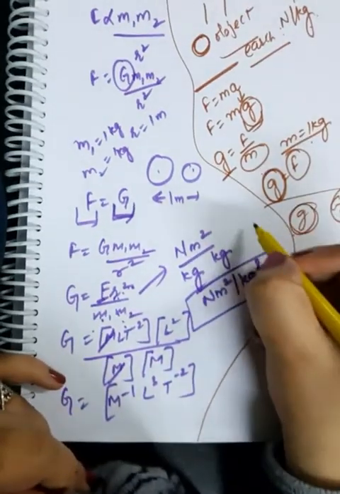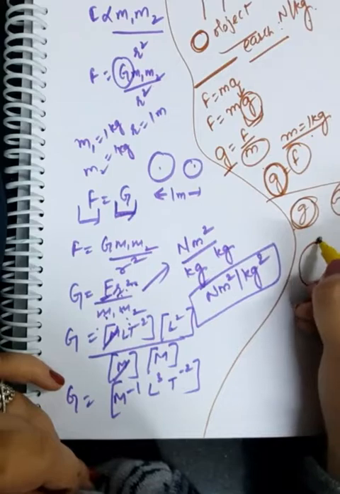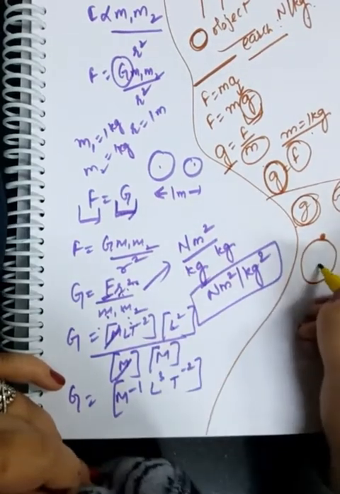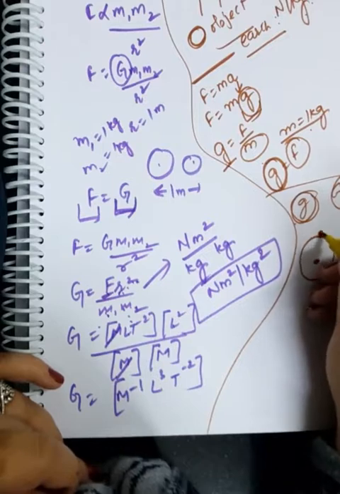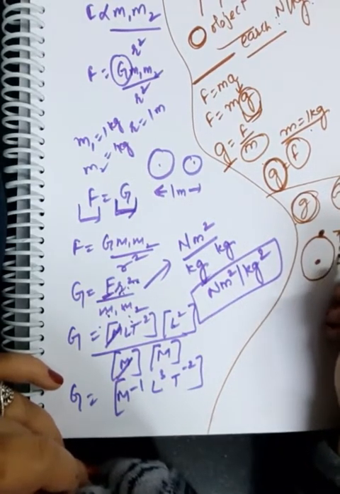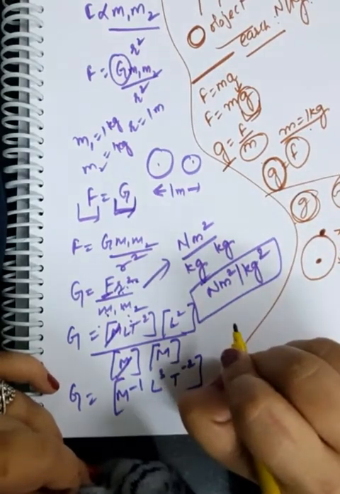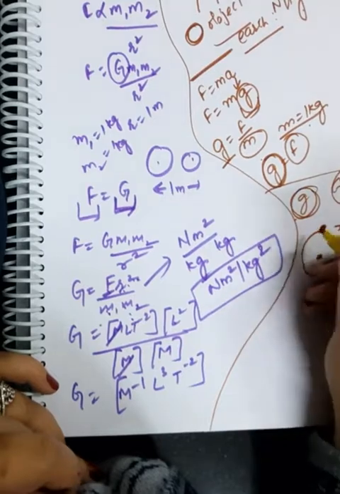Suppose this is earth, and this is the surface of the earth, and this is the center of the earth. The distance between the object and the center will be equal to the radius of the earth, capital R. The object kept over here has mass small m.